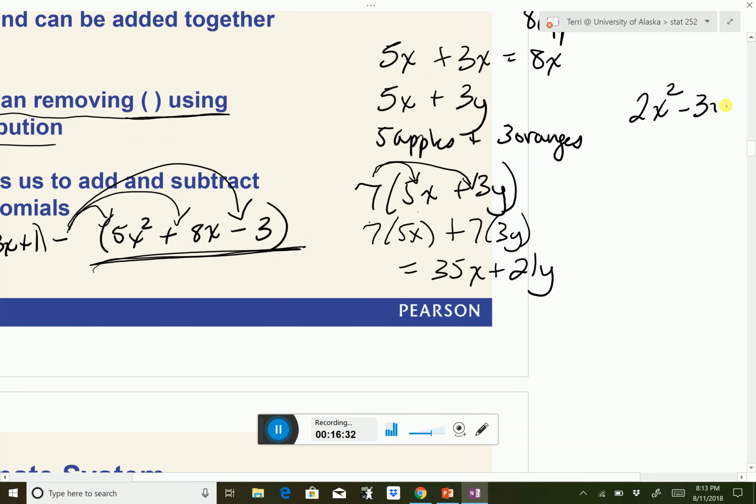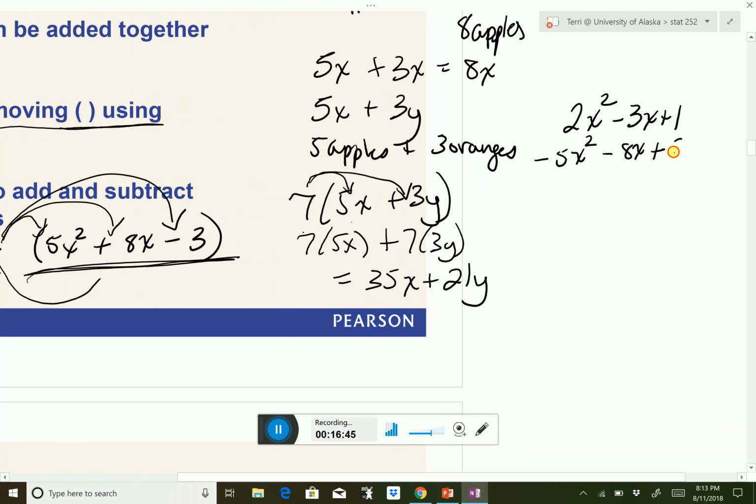This is because we learned to do math this way. So here I would write negative 5x squared, then distribute this, negative 8x, negative 3 is a positive 3, because we take it back again.